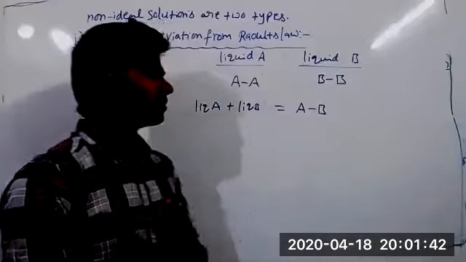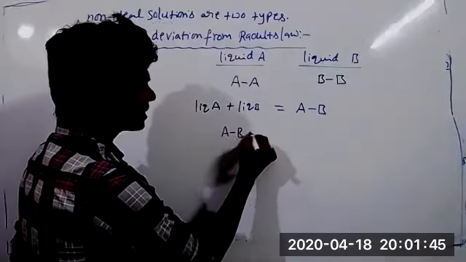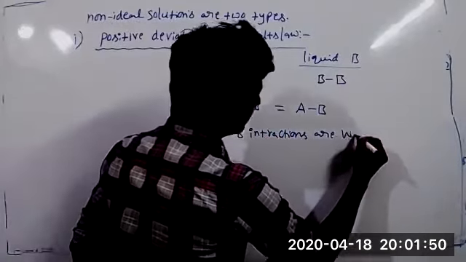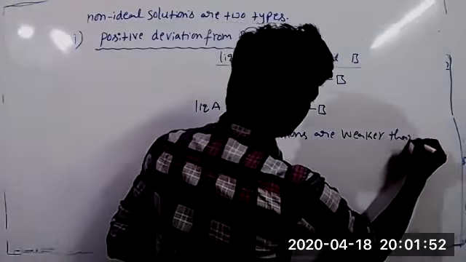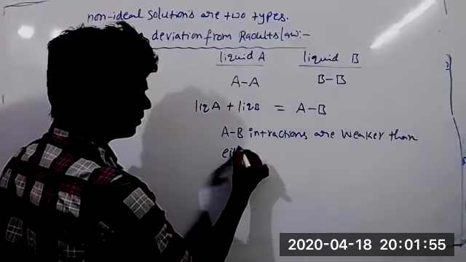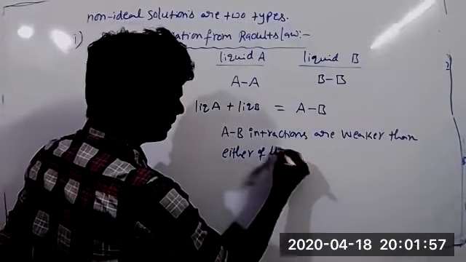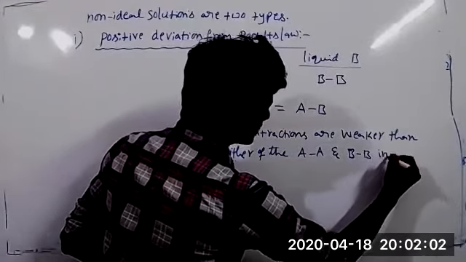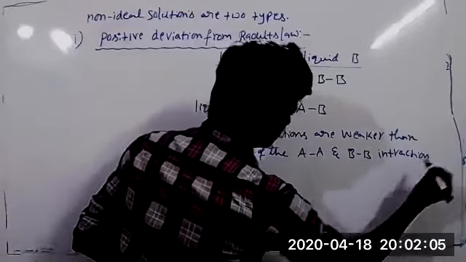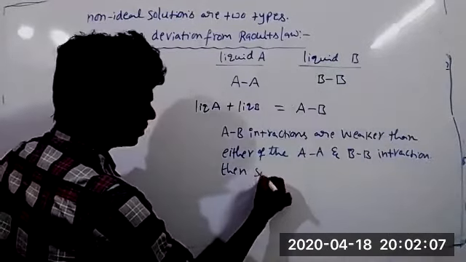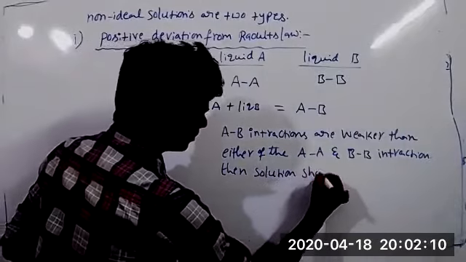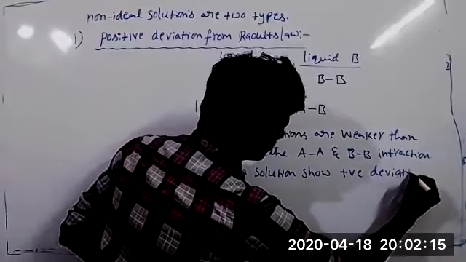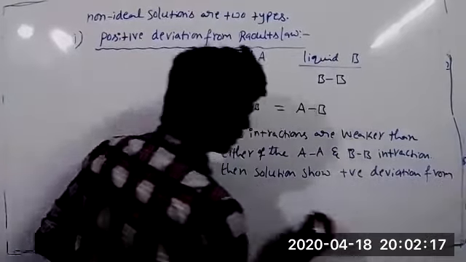Suppose AB interactions are weaker than either of the AA and BB interactions. Then the solution shows positive deviation from Raoult's law.